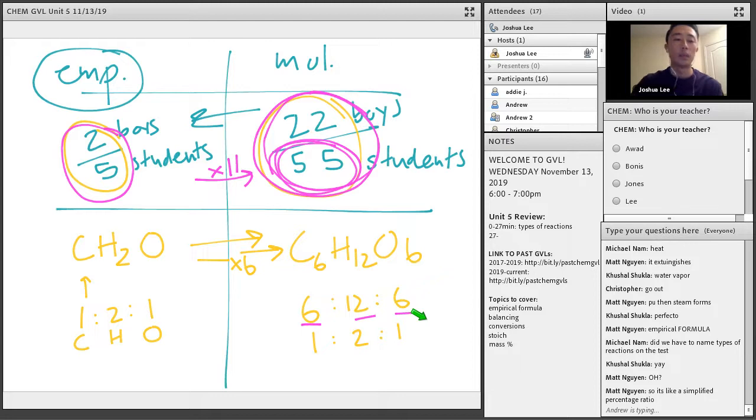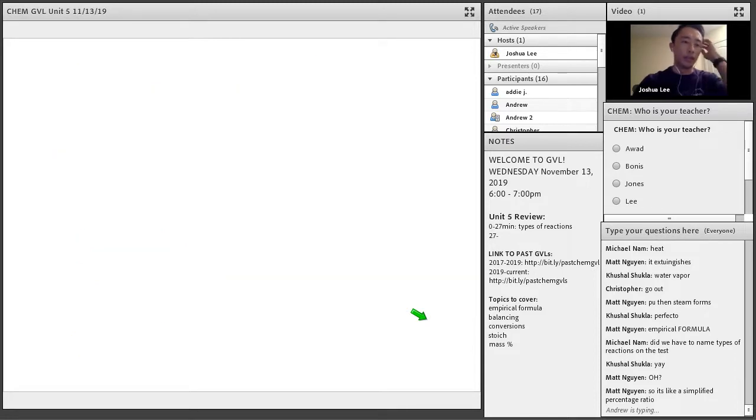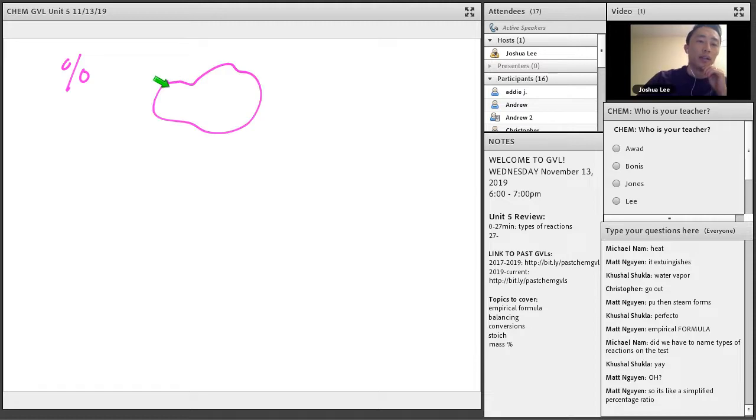So that comes into play when we have to find molecular formula given an empirical formula. So let's do a problem. So I guess I should do steps. Typically for empirical formula, we'll give you percents. We're going to say, hey, here's this compound. I guess I should just show you guys a problem.